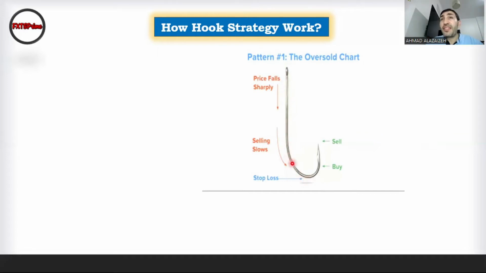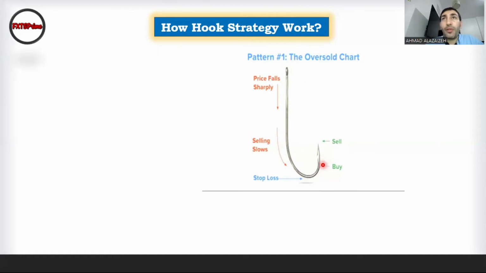Now the price starts to make the curve. In this area, that is where the buyers have put their head, and they have started to buy the asset here, or the gold.